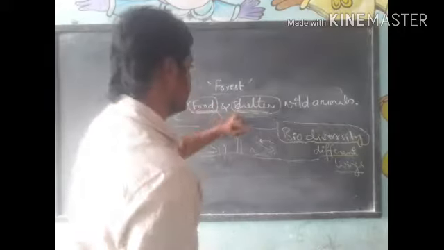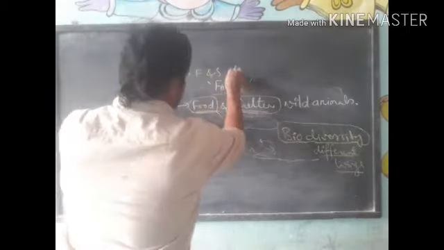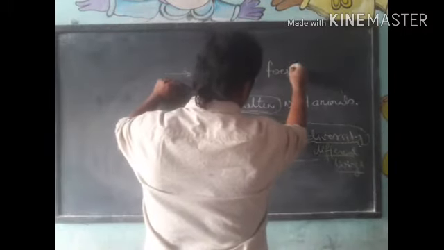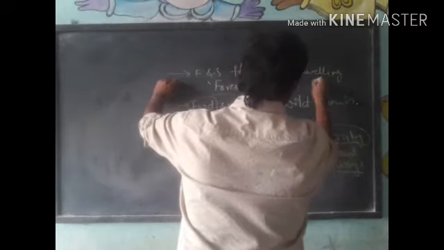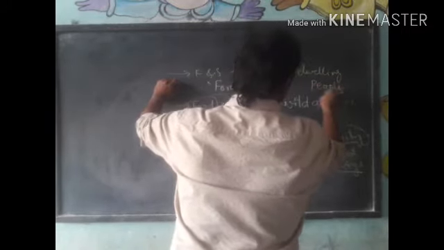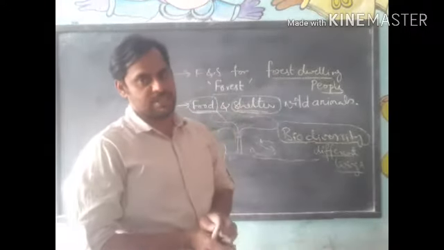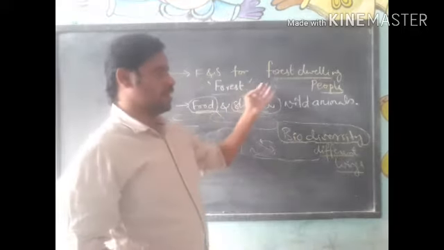Not only wild animals, it is even providing food and shelter for forest dwelling people. Who are called forest dwelling people? The people who are living in the forest. Adivasi, we used to say Adivasi. Chenchu, Gond, Adivasi. Right?